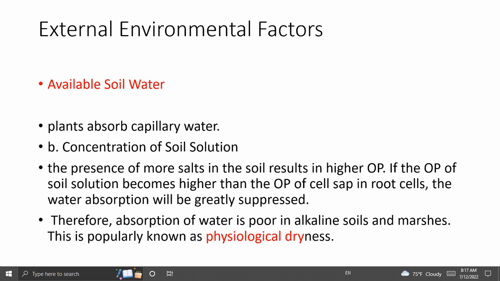In general, the more water there is, the more absorption takes place. That is what I told you about guttation; one day I will teach guttation. If more water is there, it absorbs more water, and the excess water is released from the top surface of the leaf, that is guttation. So in general, if the soil water is available, the absorption is also high.